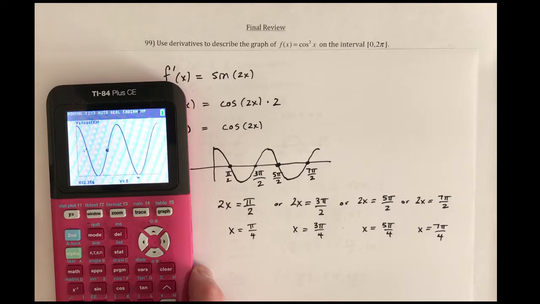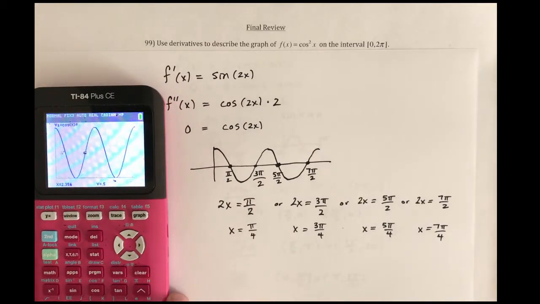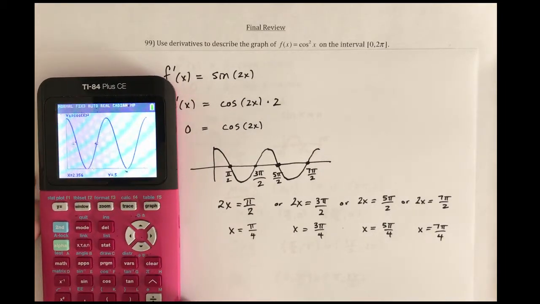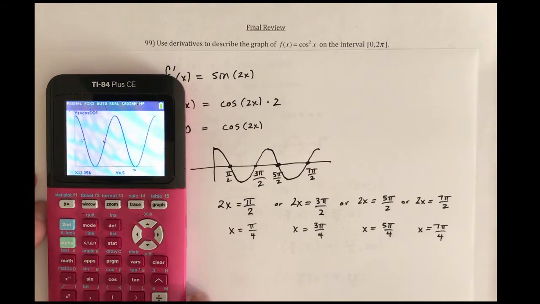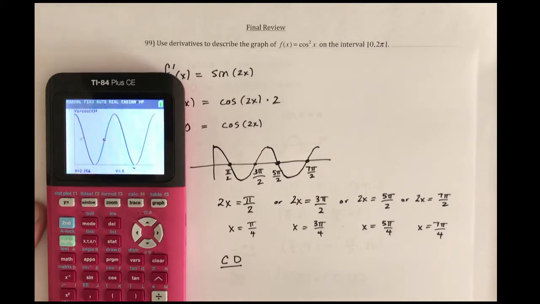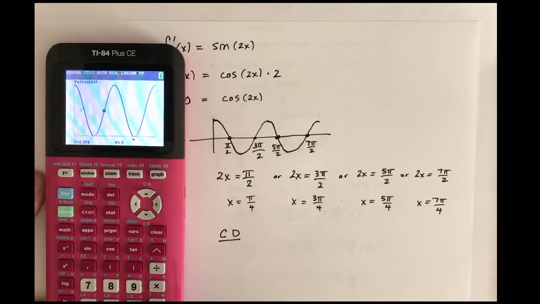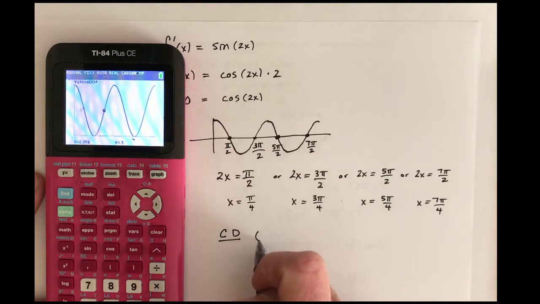So then for concavity, how about starting with concave down, which I prefer to just abbreviate as CD for concave down. So for concave down, this beginning part is concave down. So that's from 0 to pi over 4.